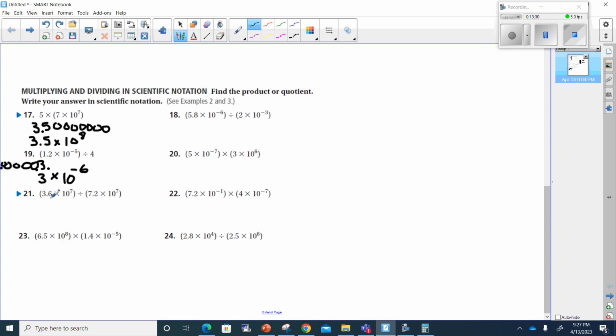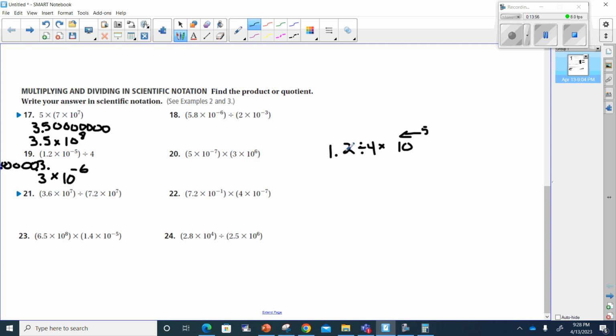All right. To better illustrate that, picture it like this. We've got 1.2 that we are multiplying or dividing by 4, right? And then we have 10 that we're putting to the negative 5, so that's going back 5 places, right?